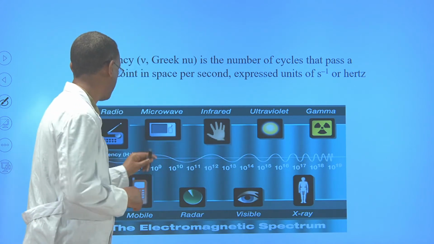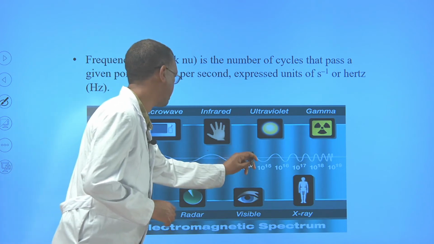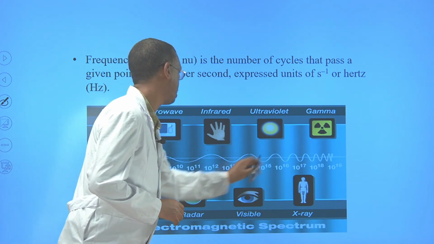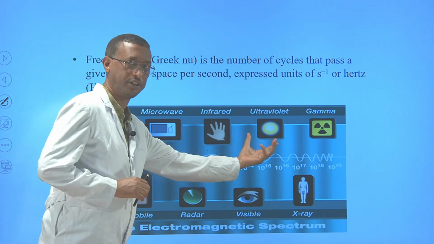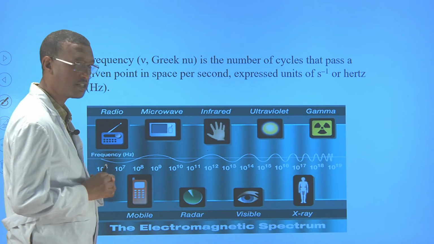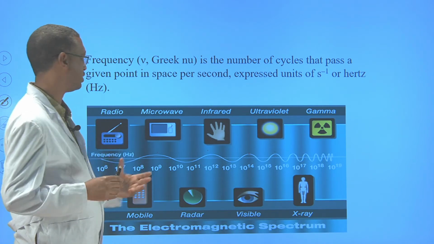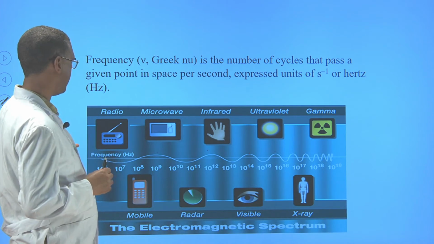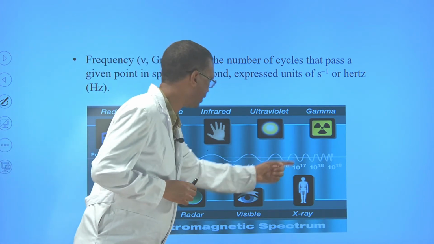For example, if you compare the distance between these two and the distance between these two, we can see that the wavelength decreases in this direction. But the frequency increases. So when it comes to the energy, the energy is increased.